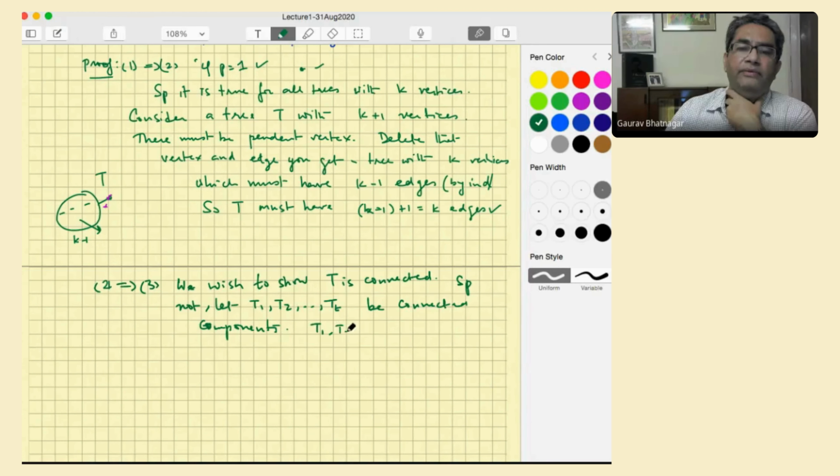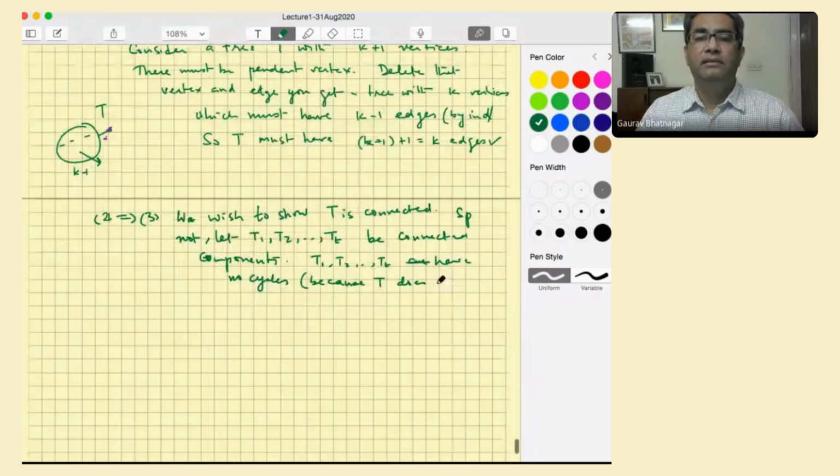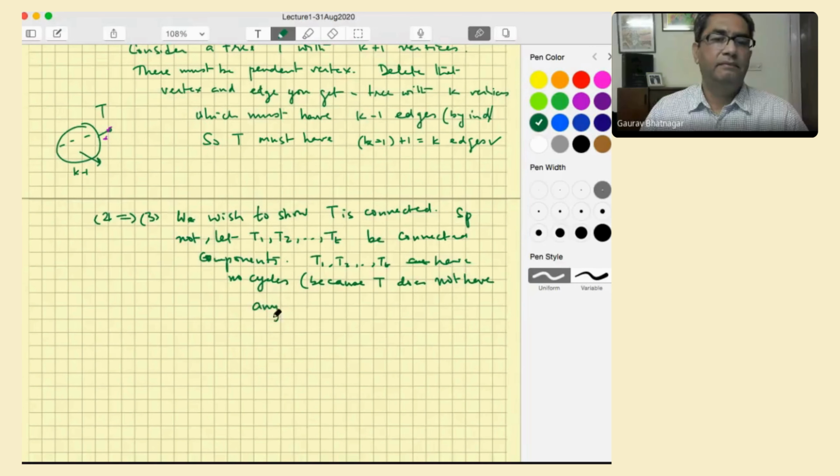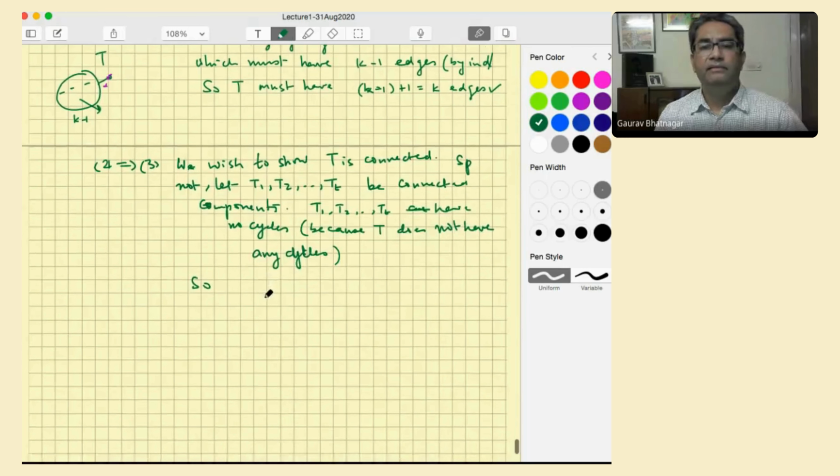Now T1, T2, all of these guys have no cycles either, because T does not have any cycle. T has no cycles, right?